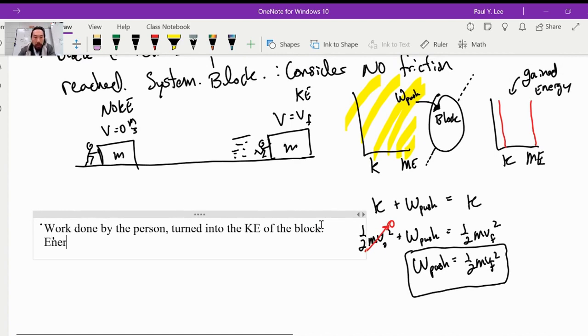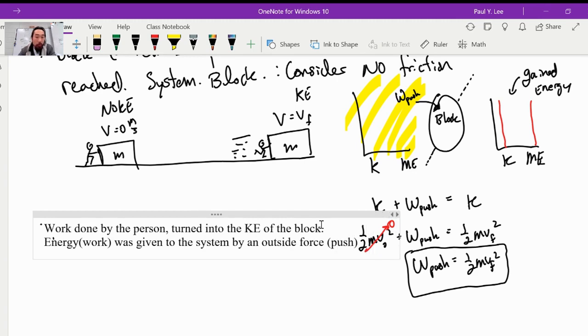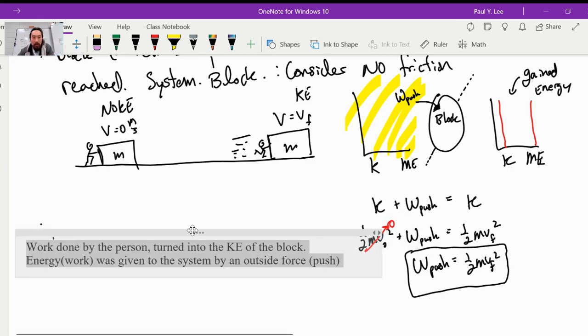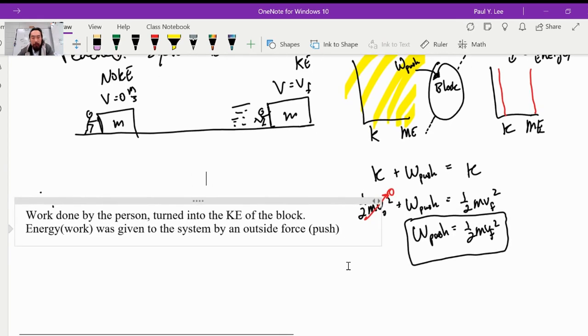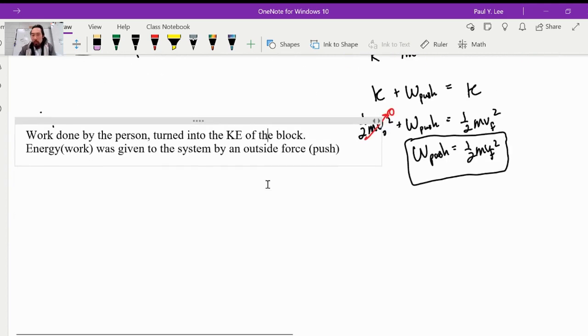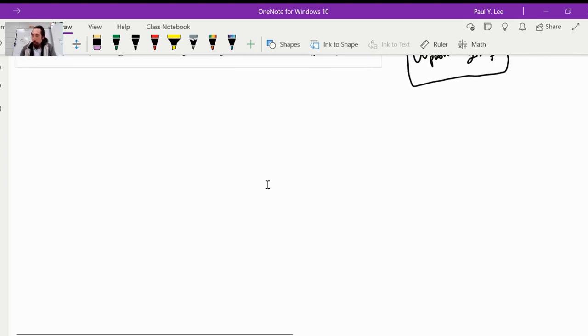Energy, which is the work, was given to the system by an outside force, right? And the outside force was a push from the human. Okay, so whatever this person ate for breakfast, it gave them enough energy to push this block. All right, so that's a pretty good statement right there. One of the better ones I've come up with. All right, so leave some space because we will come back to this problem with additional info.